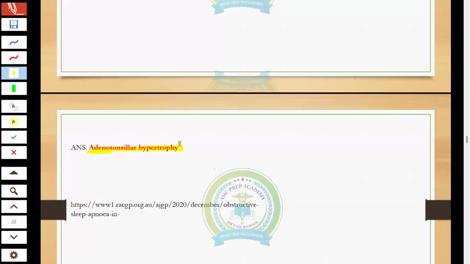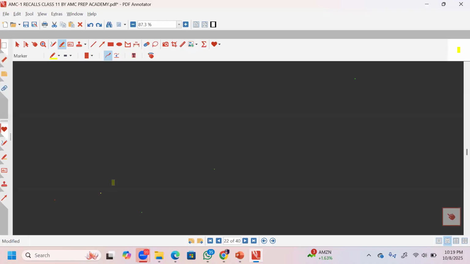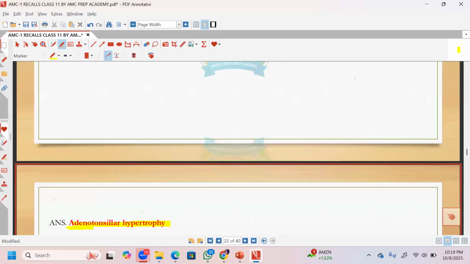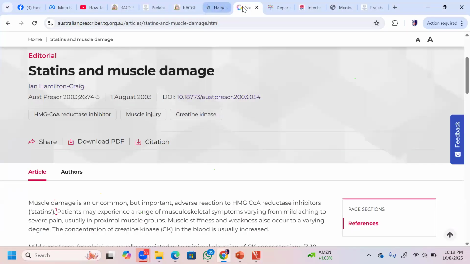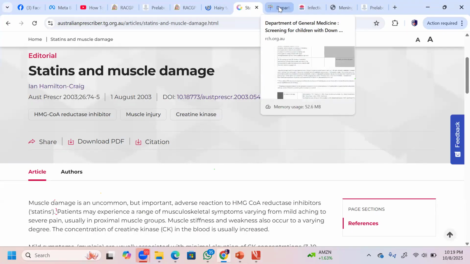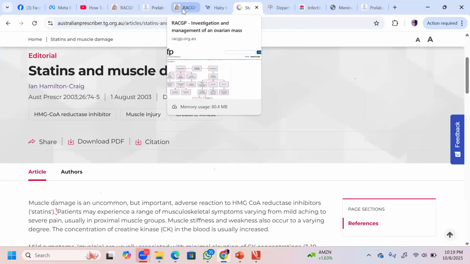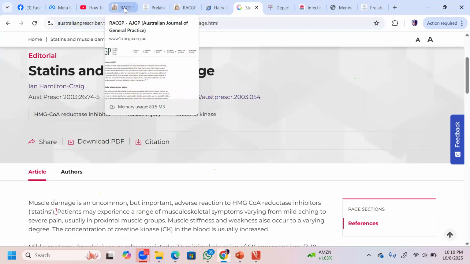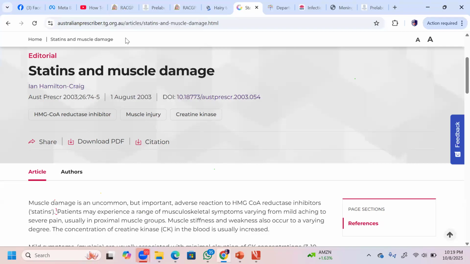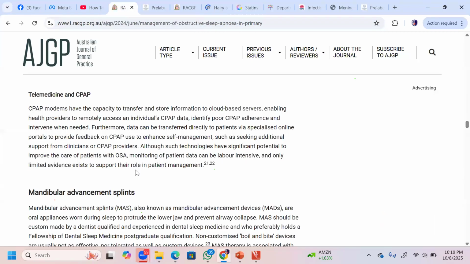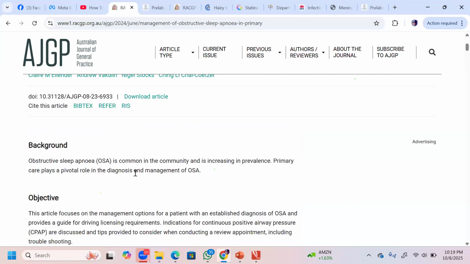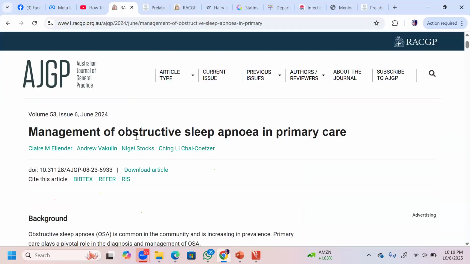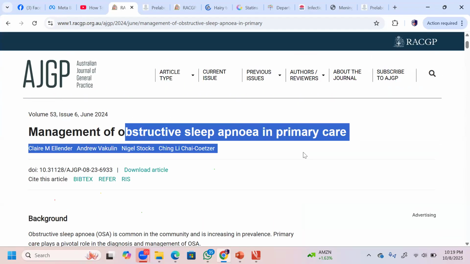So let me see from the guideline, treatment is important. So this is the guideline for management of obstructive sleep apnea.